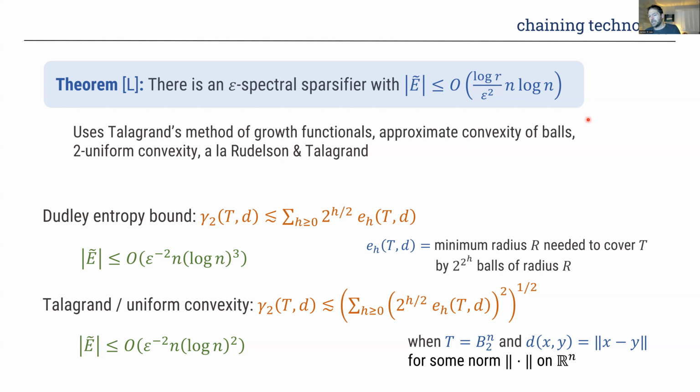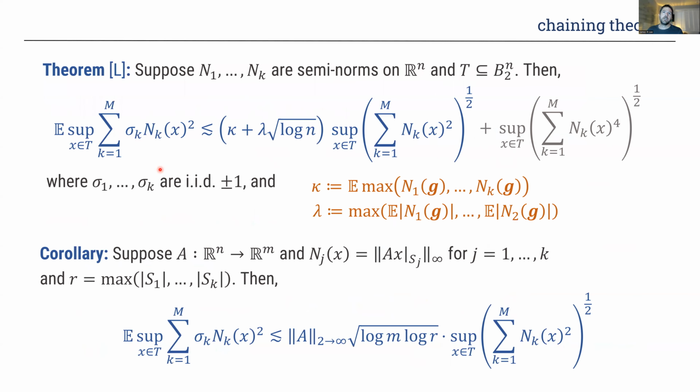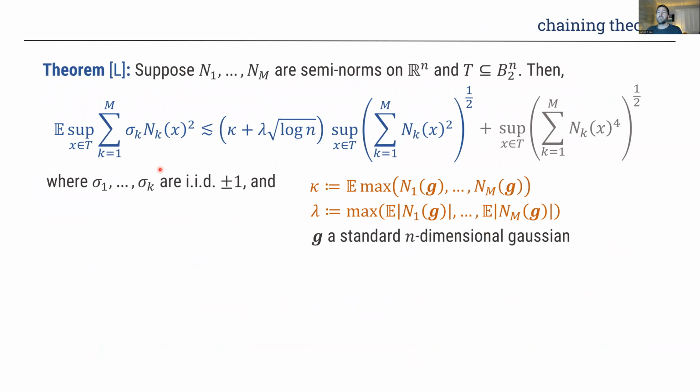It's really a kind of amazing construction. It's beautiful. It uses things like approximate convexity of balls in the metric D. It uses two-uniform convexity in a strong way, even though, and now I'm going to come back to this chaining theorem, even though in proving this theorem, these norms have no uniform convexity.